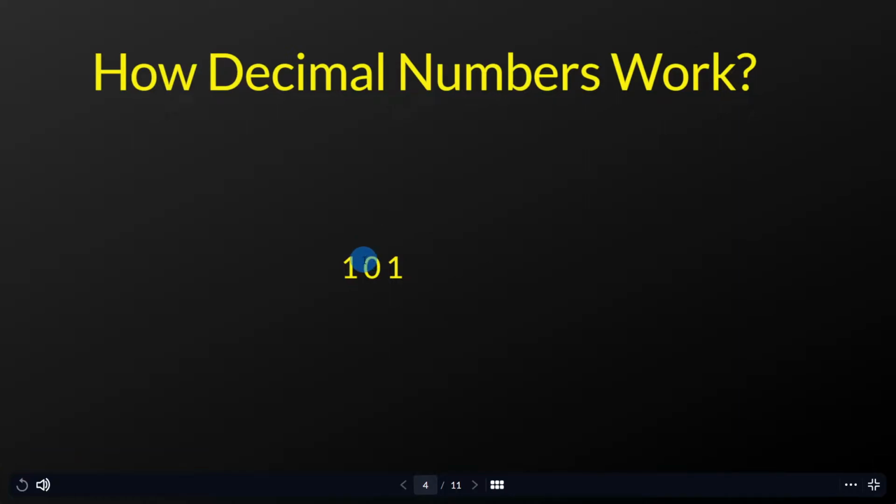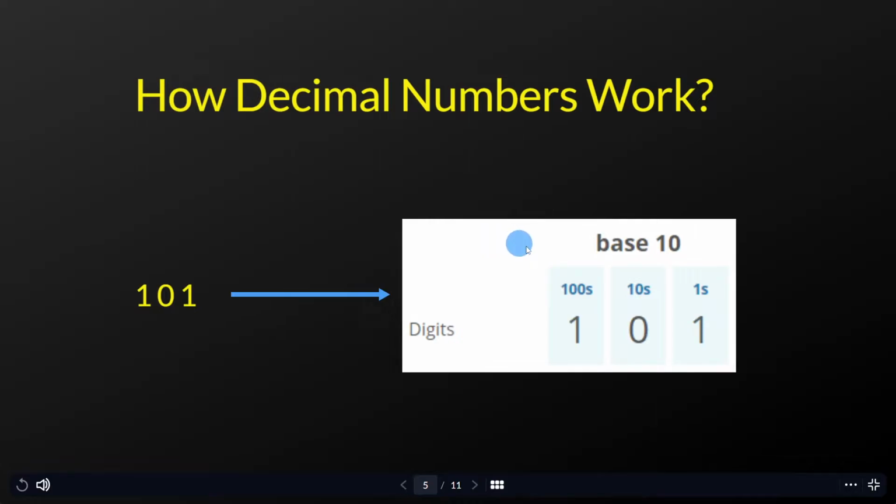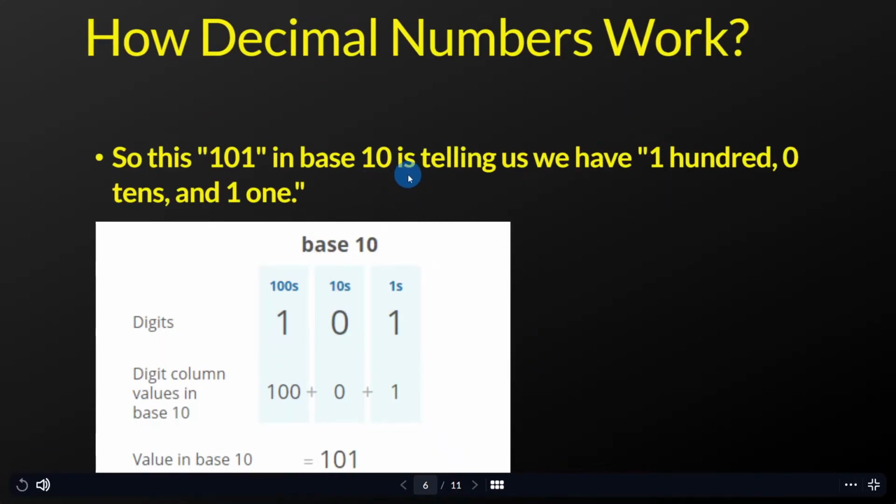So in base 10, the ones position is 1, the tens position is 0, and the hundreds position is 1. This 101 is telling us we have 1 hundred, 0 tens and 1 one.